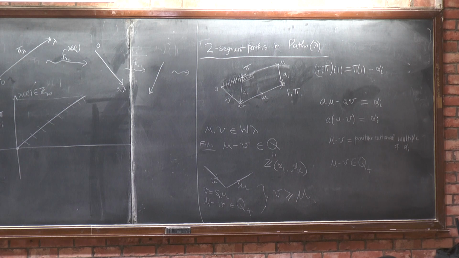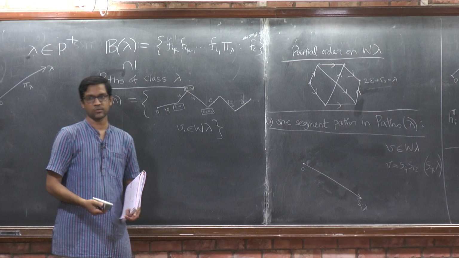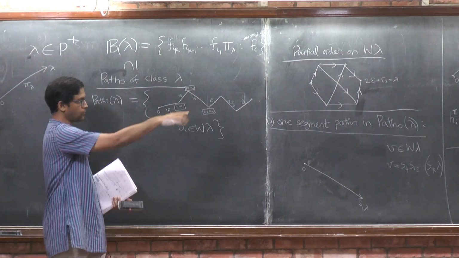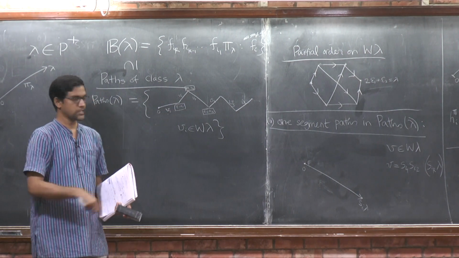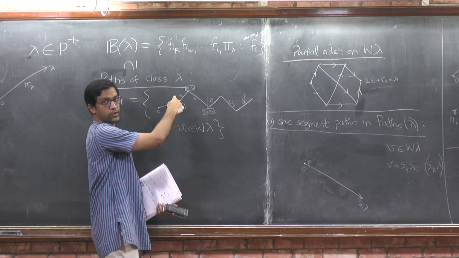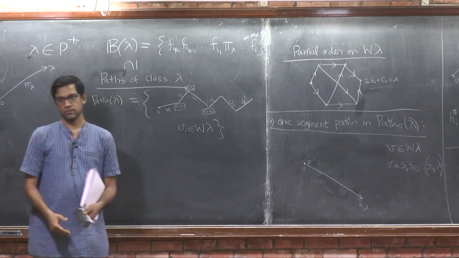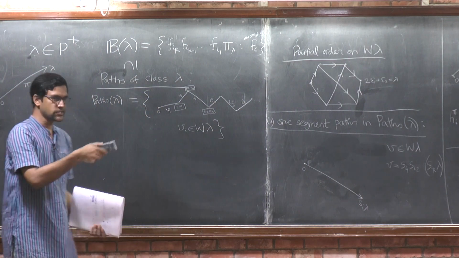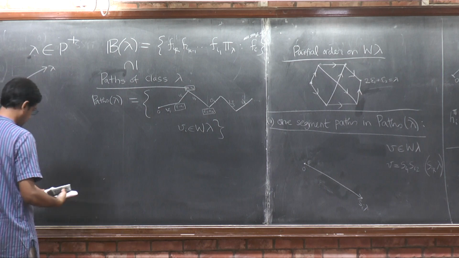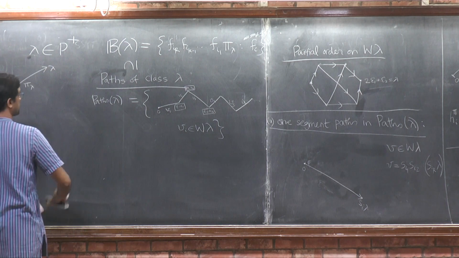Last time I was saying these nu i's cannot all be arbitrary elements of W lambda. Here's one condition suggested by this heuristic, that they must be in decreasing order: nu 1 must be greater than or equal to nu 2, greater than or equal to nu 3, and so on. So there is this decreasing condition on the directions, which we will put into this definition.